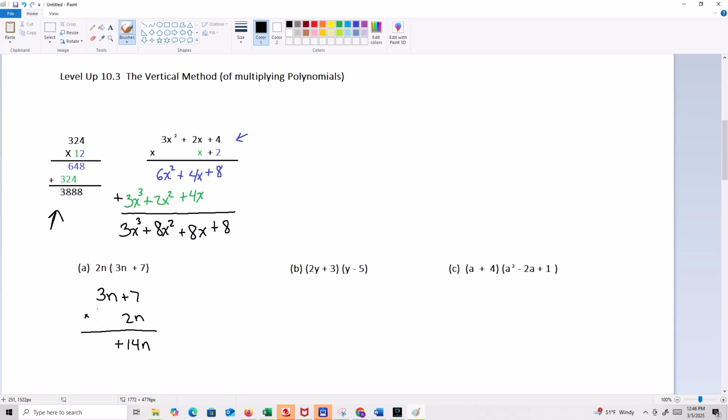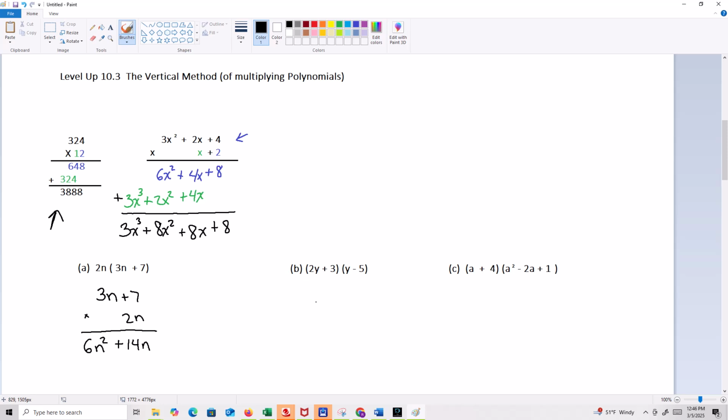And 2n times 3n is going to be 6n squared. Now there is not another term like we had in our other example, so we're done. We have 6n squared plus 14n. There are no like terms to combine.